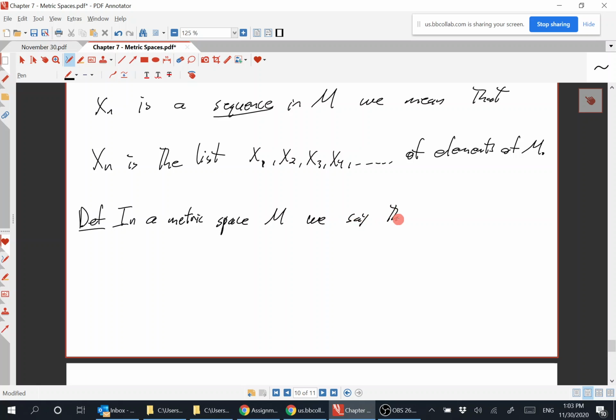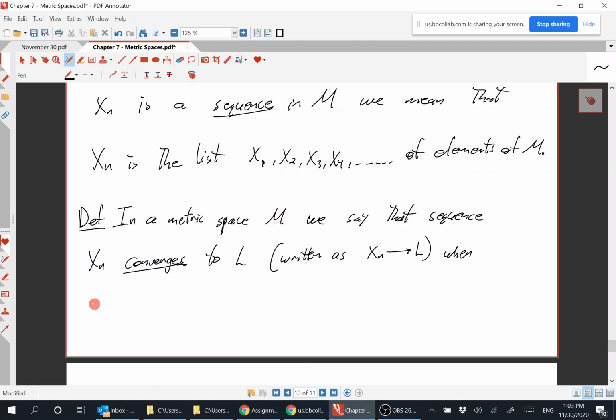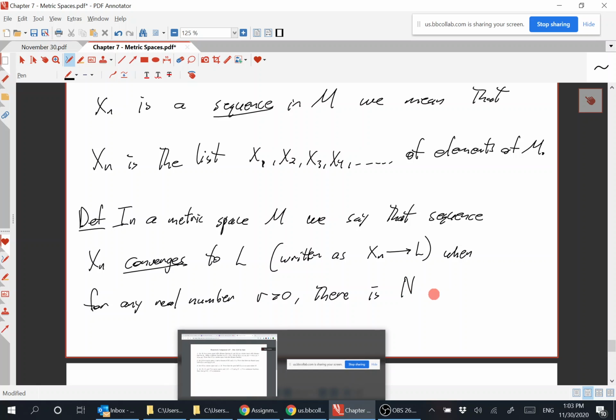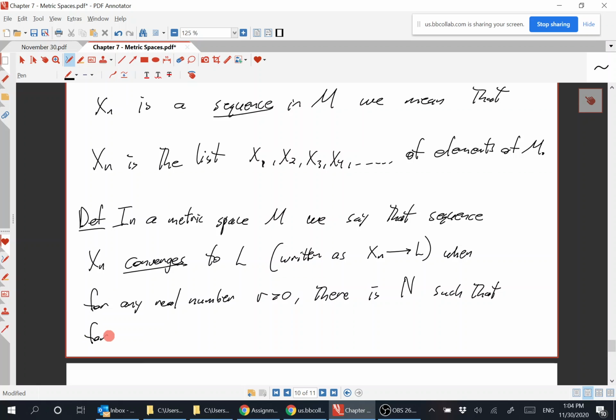We say that a sequence xn converges to L, and you write this as follows, like that, when for any real number r bigger than 0, there is a capital N such that for every m bigger than or equal to N, the distance from xm to L is less than r.